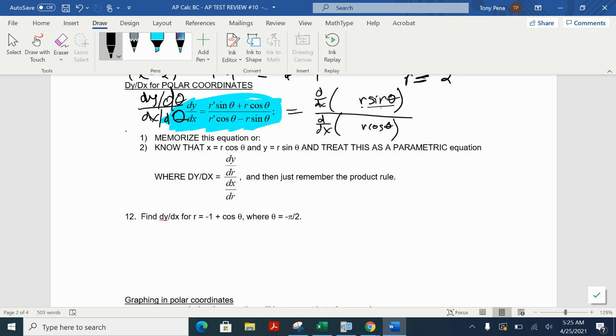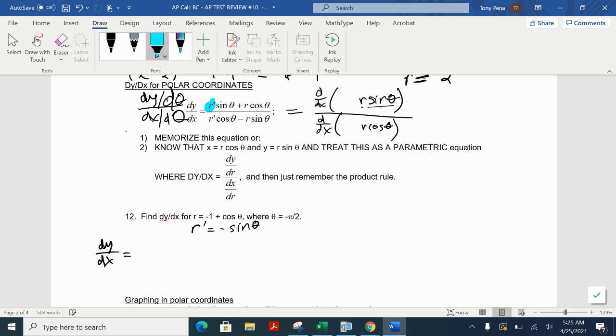So now when we go to number 12, notice how we need r primes. So if I go to this equation, let's take the derivative of r, which would be the negative sine of theta. And then from there now, we can go ahead and start substituting in. So let's go back to this up here.